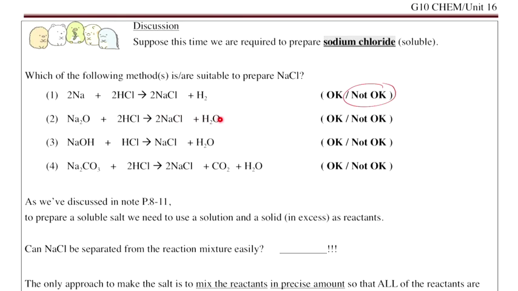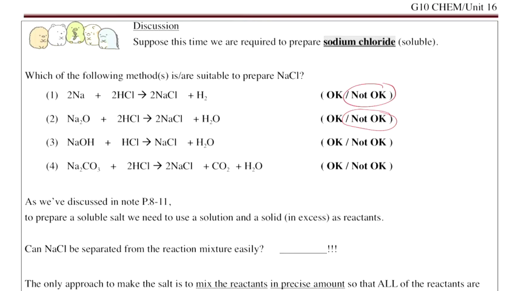The side product is water, which is quite easily removed from the mixture, we just evaporate it. However, the two unreacted reactants are sodium oxide that can be dissolved in water and also hydrochloric acid that's also dissolved in water. So how can we separate sodium chloride from these two unreacted reactants? Can we do that easily? The answer is no, so again this method is not okay.